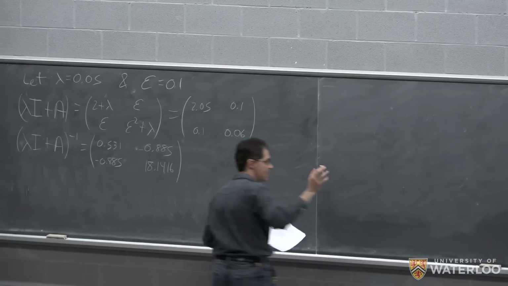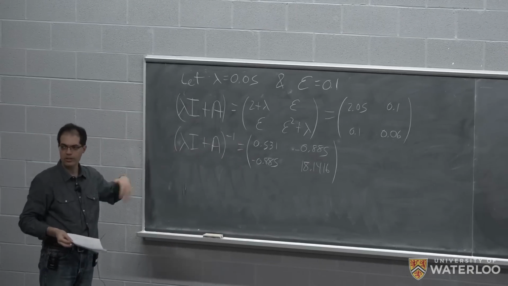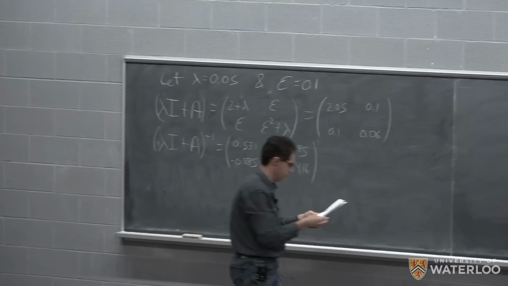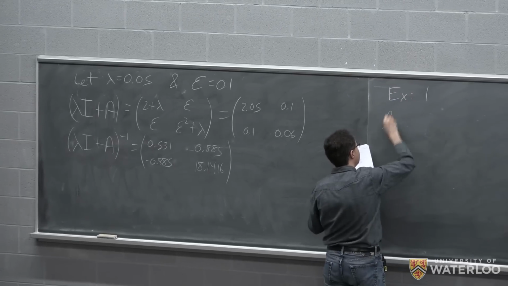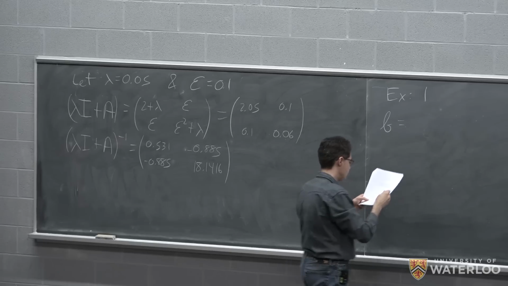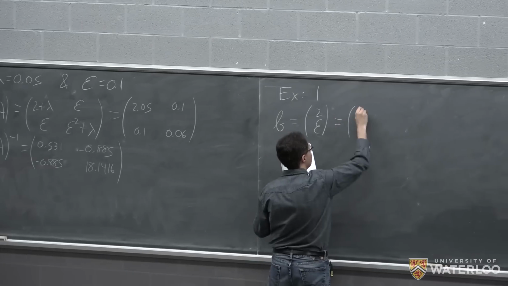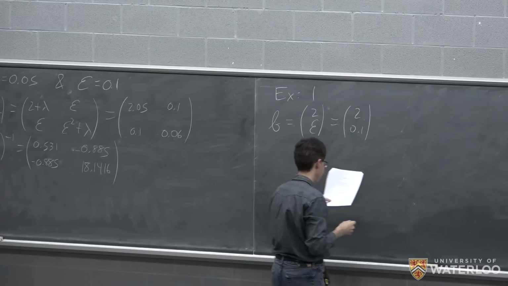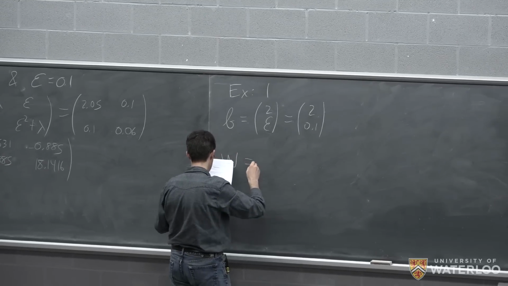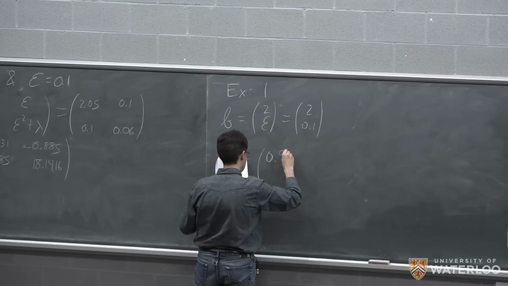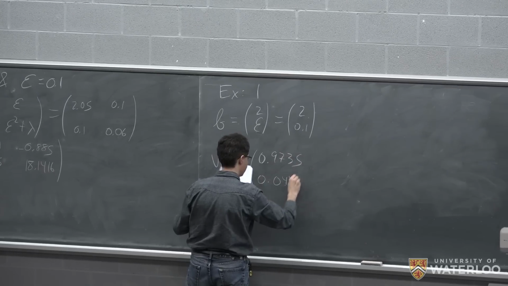For both example 1 and 2, A and A inverse are the same. Where they differ is in the computation of B. For example 1, B is going to be equal to 2 and 0.1, and this will give us a W that's equal to 0.9735 and 0.0442.